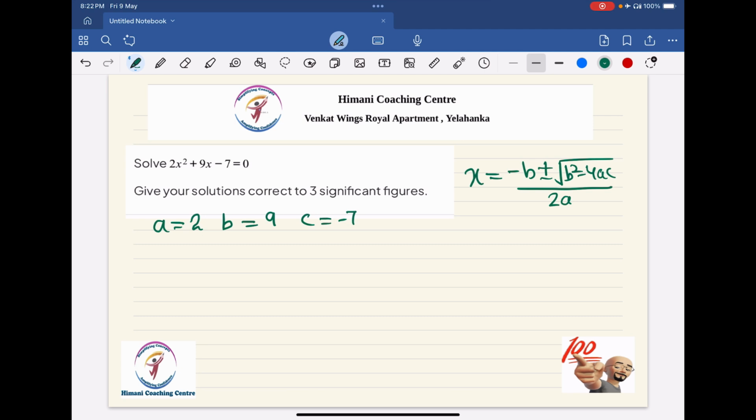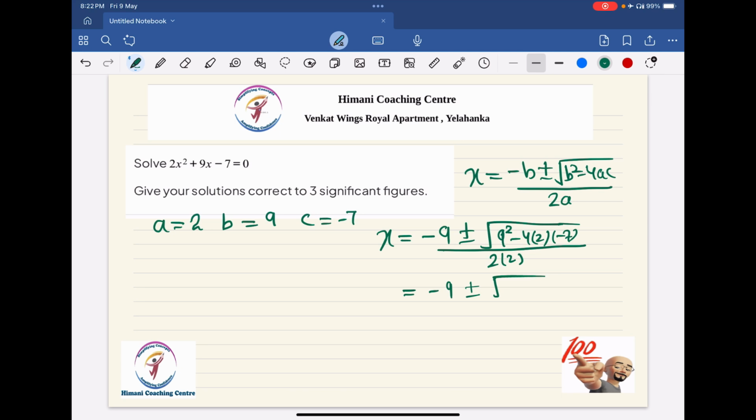Okay, so in fact you will have to show this in the exam. So you write minus 9 plus minus root of 9 square minus 4 times 2 times minus 7 upon 2a, which is 2 into 2. Okay, so this would be minus 9 plus minus root of 81 plus 56 by 4.